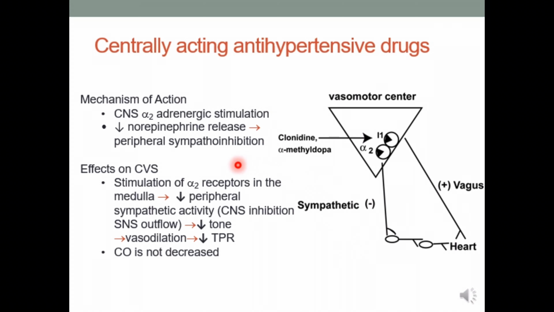This is the term called peripheral sympathoinhibition.